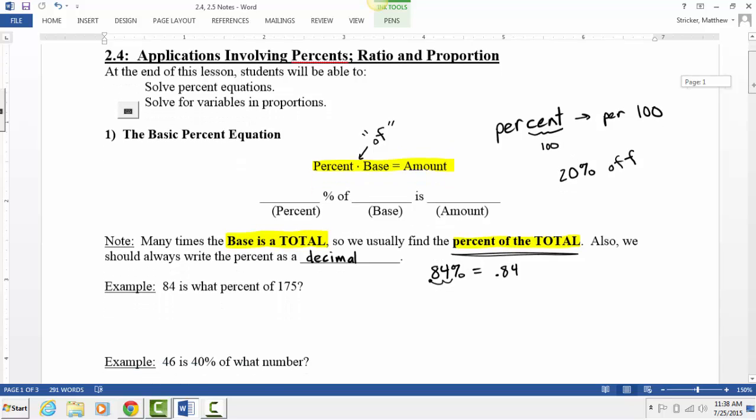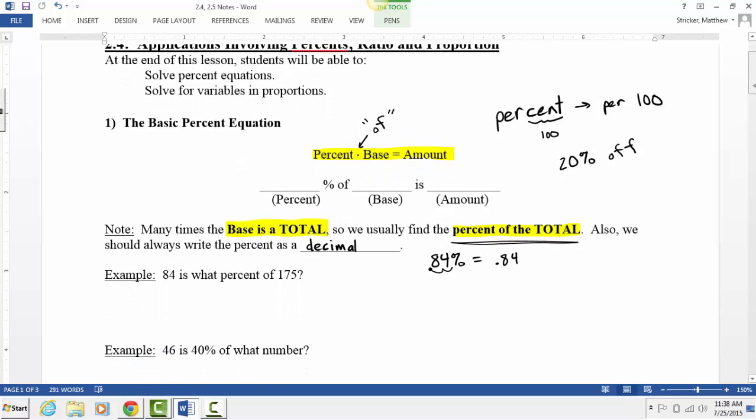So here we go. 84 is what percent of 175? Now you could jump right into just straight translating this to an equation in math. This is an equation in English, but look what this says. 84 is equals. Okay, what percent? Well, we don't know this.